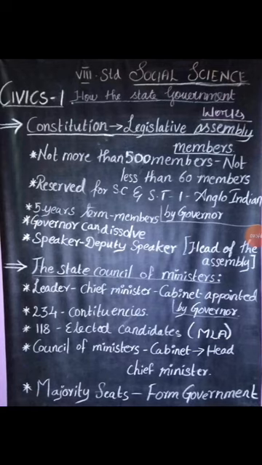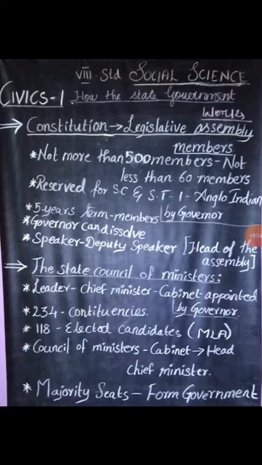Who is the leader of the cabinet? The leader of the majority party in the election is chosen as chief minister. So he is the leader of the cabinet as well as the council of ministers.